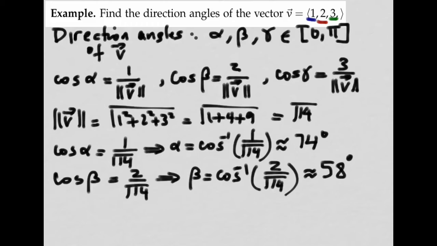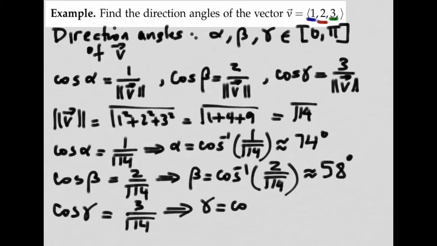And finally, cosine gamma is 3 over root 14, which means that gamma is cosine inverse 3 over root 14, which is roughly 37 degrees.